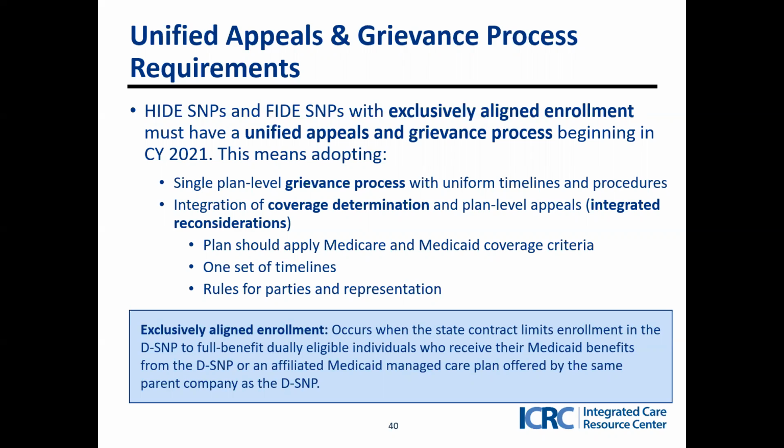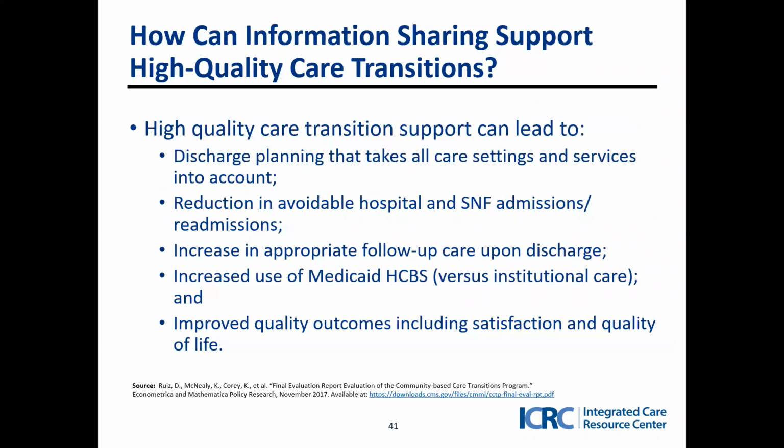I also want to emphasize that these applicable integrated plans are few in number right now. They only really exist in states that have capitated behavioral health or long-term services and supports and who have implemented exclusively aligned enrollment. We'll be covering more information about exclusively aligned enrollment during part 2 of this webinar series that is hosted later this week.